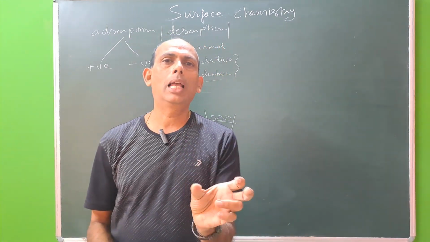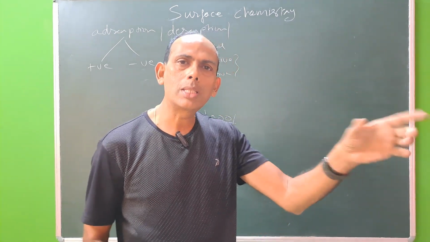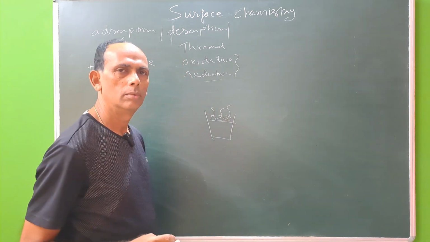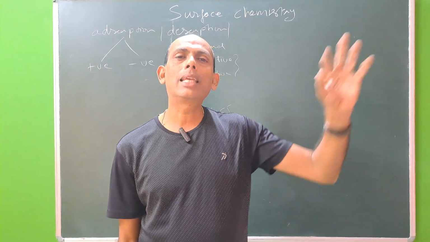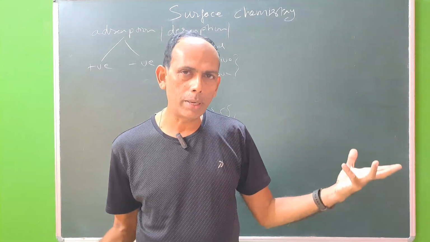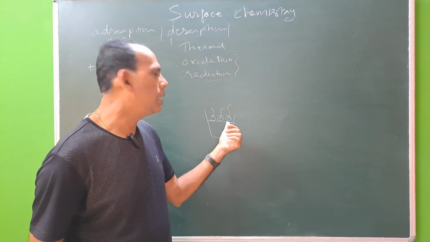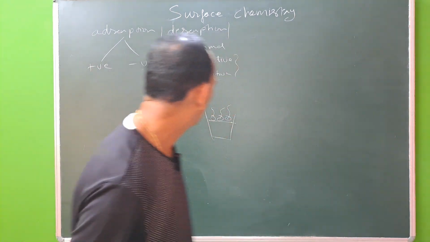Now you take this glass of water outside in the sun. When you take it outside, the air molecules which are stuck on the surface of this water fly away. They'll escape because of the high temperature. That is called desorption. The concentration is now lowered. A simple example, right? Okay.